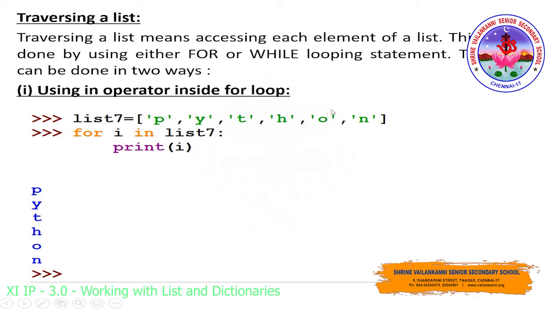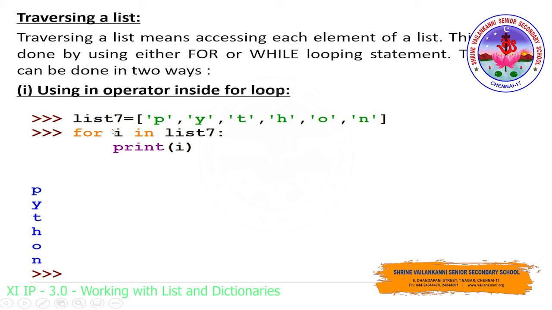list7 = Python, they have created separate strings. Overall, you have 6 elements inside list7. Here for is a loop, i is the control variable, in is the operator, and list7 has already been assigned. So this control variable i will check whether the values are present inside list7 or not.